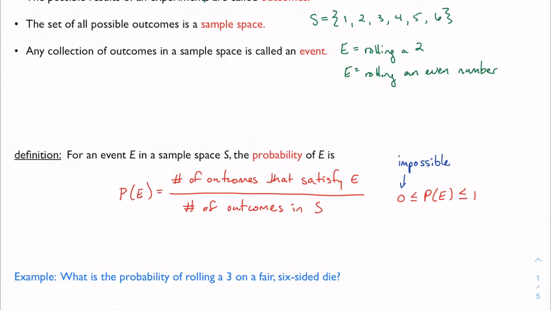That's impossible. And if I have a probability of 1, then we say that my event is certain. It's definitely going to happen. If I roll a 6-sided die and I want to get a number between and including 1 and 6, I'm definitely going to get a number between 1 and 6 on my normal 6-sided die.